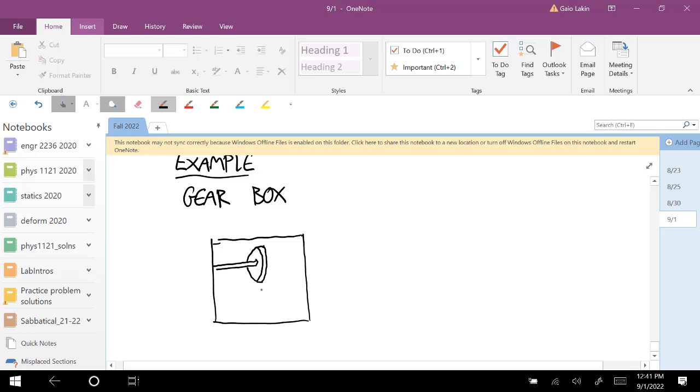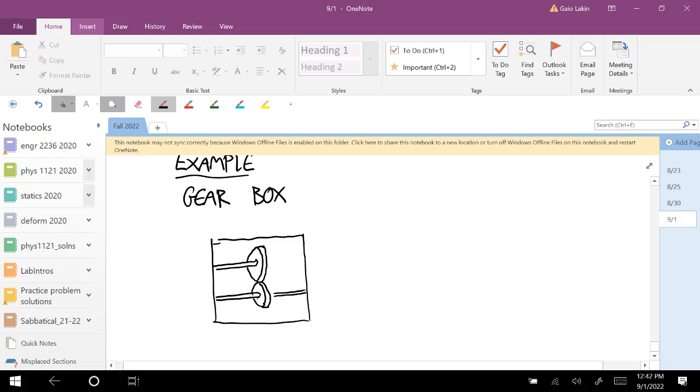Okay, so there's one gear, and it meshes with this gear.